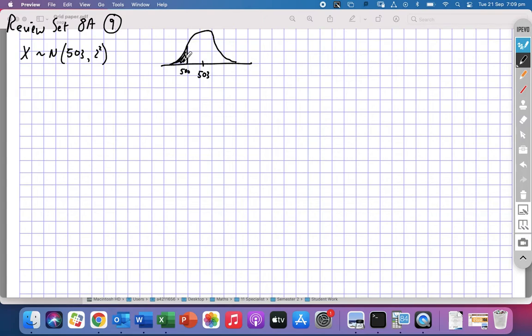We want to know what's this probability in here. So this will be the probability that X is smaller than 500, which we can write.